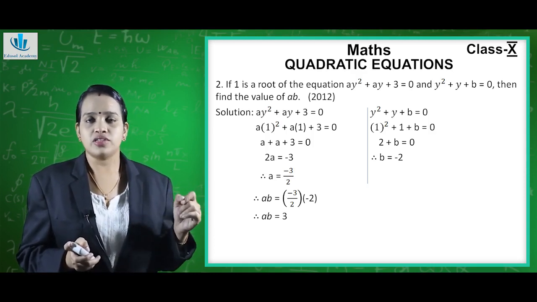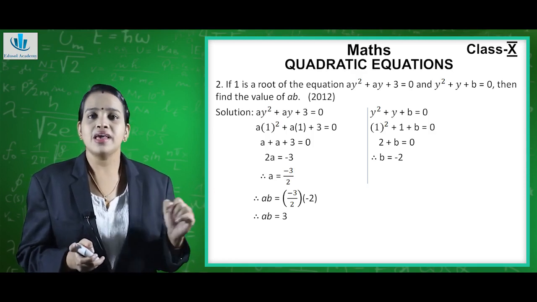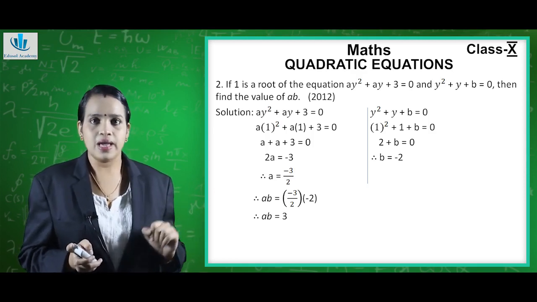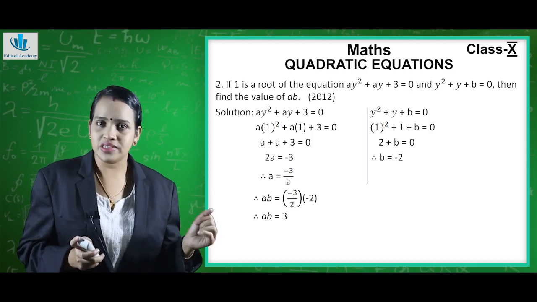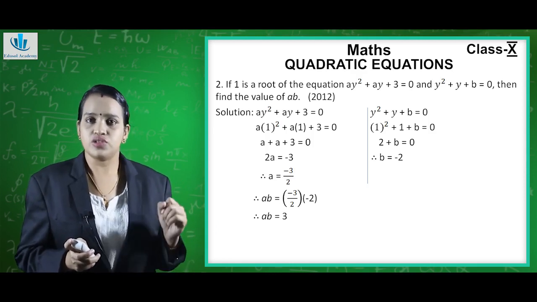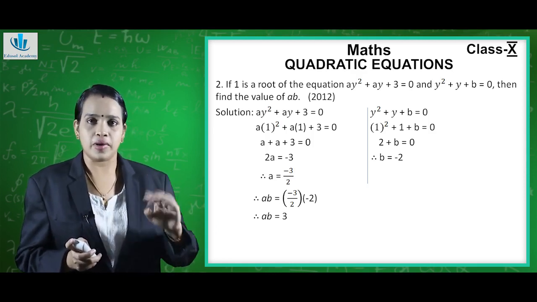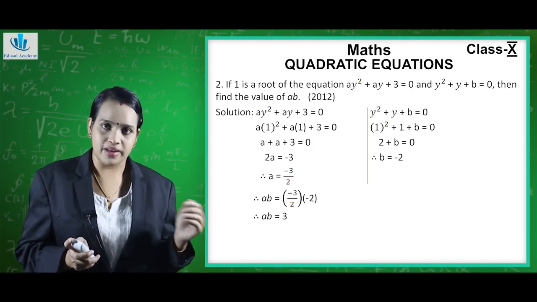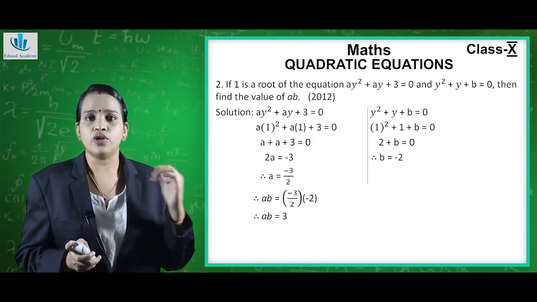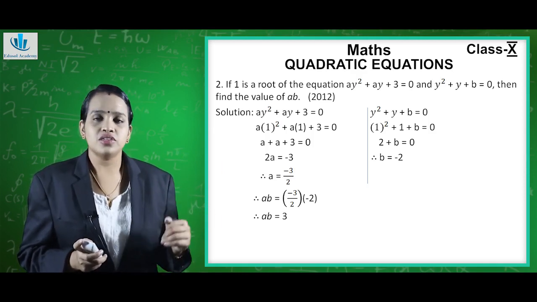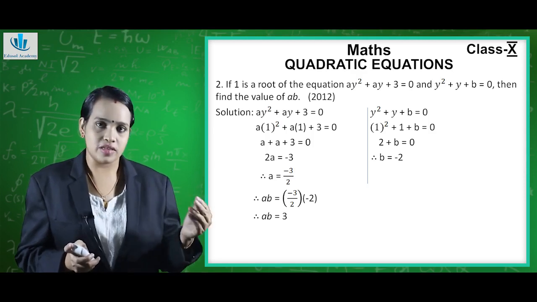Now a into 1² becomes a, plus a into 1 becomes a, + 3 = 0. a + a gives 2a; when we take +3 on the other side it becomes -3. Therefore when we take 2 on the other side it divides. So a = -3/2.